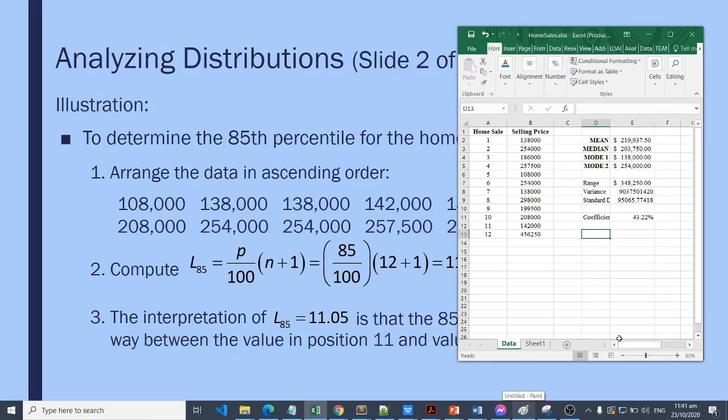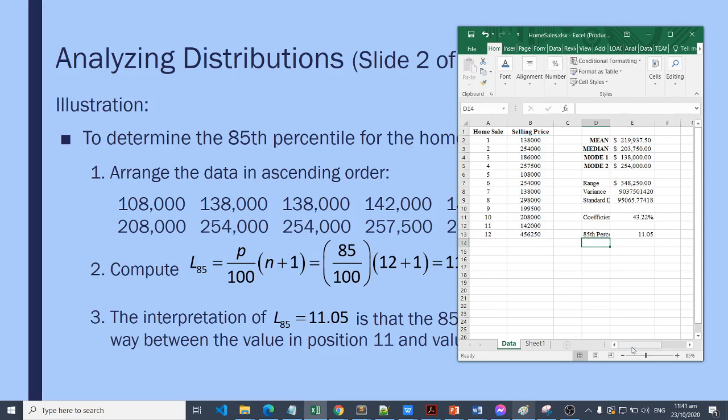We have here the 85th percentile, and the formula is 85 divided by 100 multiplied by the count of observations plus 1.